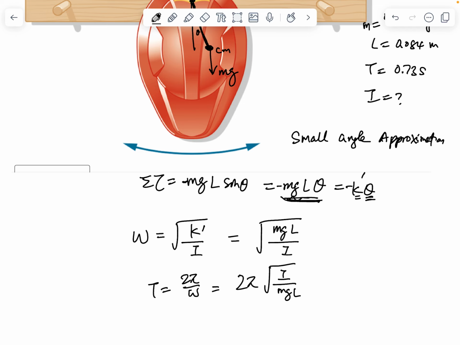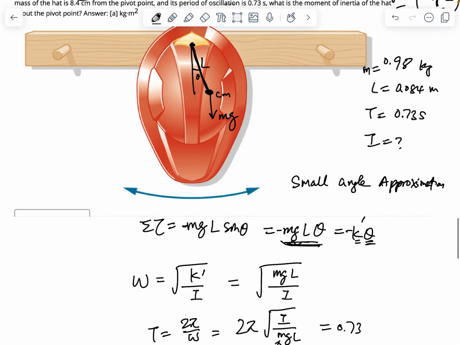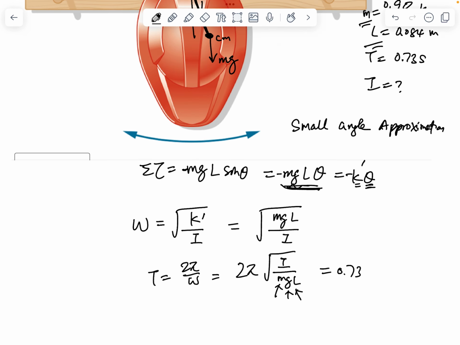And from the question, we know the period is 0.73 seconds. So we know M, we know L, and G is the gravitational acceleration, 9.81. In general, use this value.